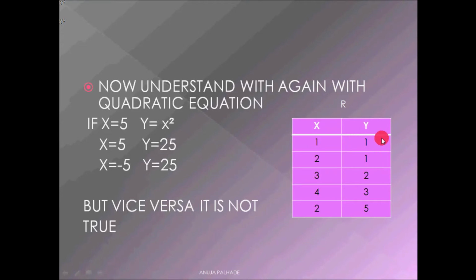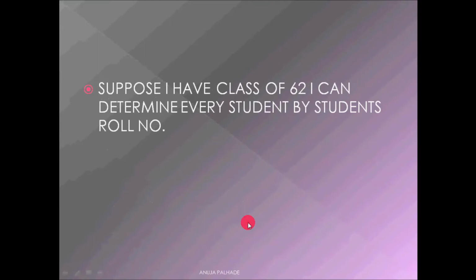Yes, 1 is repeating, and the repeating value must show the same dependent value. Here it is also not showing the same value. If I am saying y is equal to 1, then x is equal to 1. In the second case, if I say y is equal to 1, x is not equal to 1. It should be 1 if I am saying y determines x. So vice versa, it is also not true.